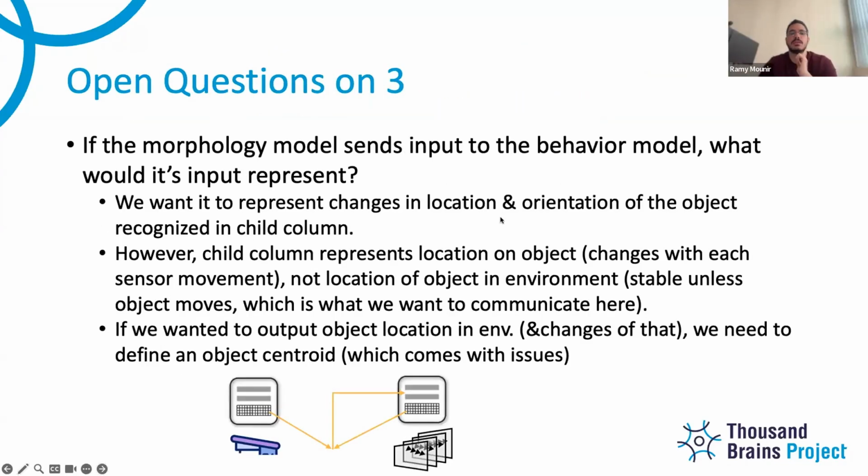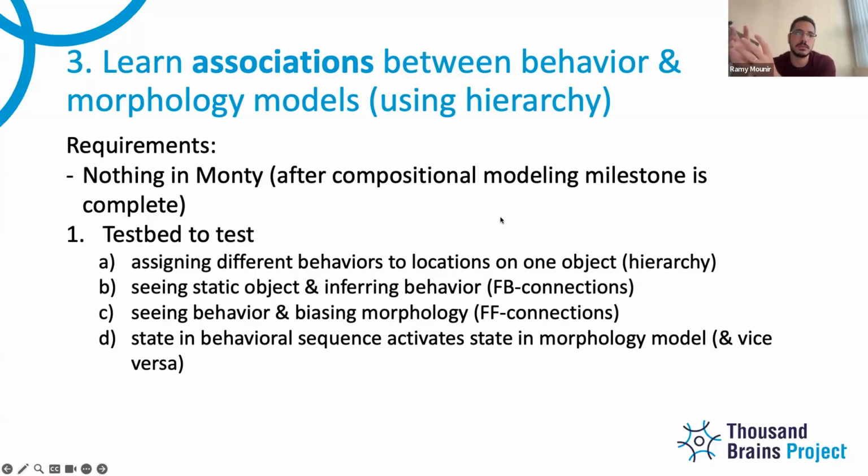Just a question here. We can associate multiple behaviors to a single location with this mechanism, right? It seems reasonable to think that maybe some morphology can have multiple different behaviors. I guess also like a leg could be jumping or flexing or stretching its toes. So, yeah, we should be able to do that. Okay, so it would be biasing because inferring kind of implies one-to-one.